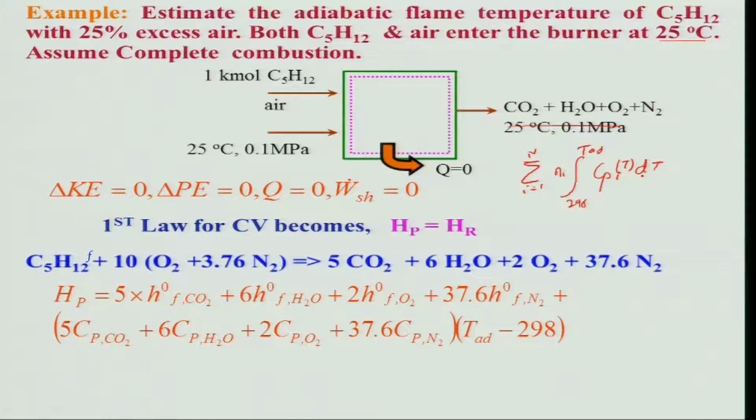But to make the problem tractable, we take an average specific heat between 298 and the adiabatic temperature, which will be a little erroneous, but we can solve the problem with a certain amount of error. That is why we have done this. This is a very important assumption, please keep it in mind, right.